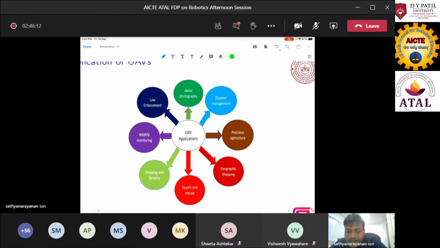Second is aerial photography. For taking aerial images, you might have seen drones used in film shooting or cinematography, and also in marriage functions. Third is disaster management. Here, drones are used to assess the situation remotely during a disaster crisis and can supply food or essential items during such events.